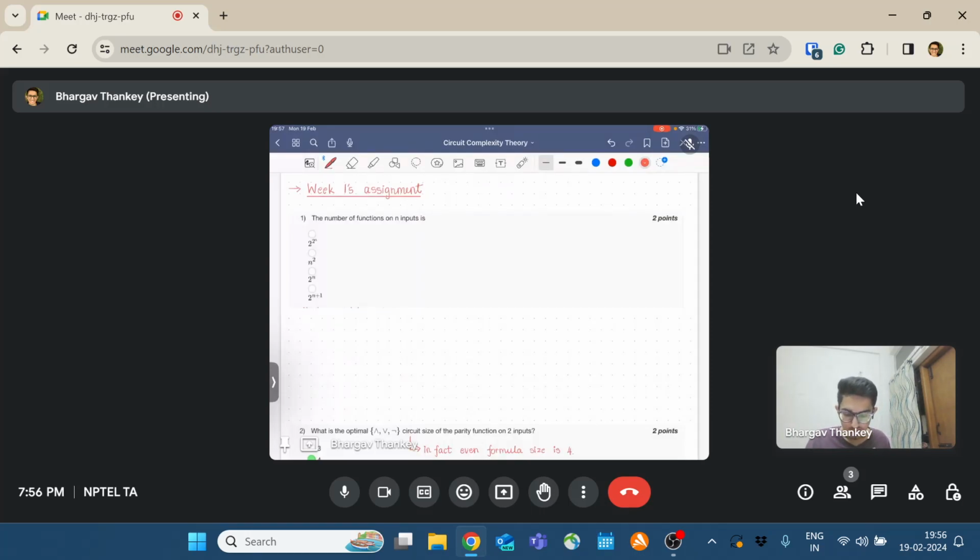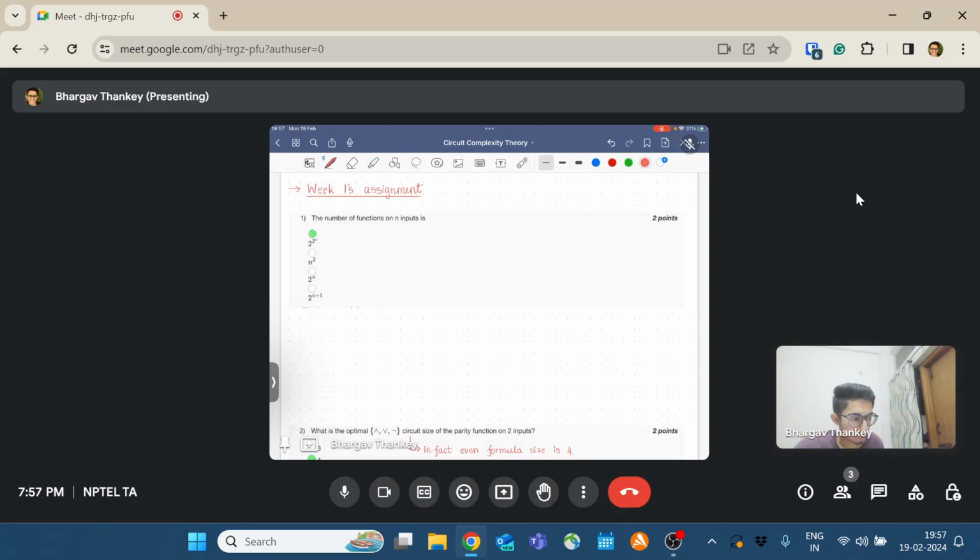So the first problem from week one was: the number of functions on n inputs is what? 2 to the 2 to the n, n squared, 2 to the n, or 2 to the n plus 1. Which of these is correct? 2 to the power 2 to the power n. Right. And why is that true?